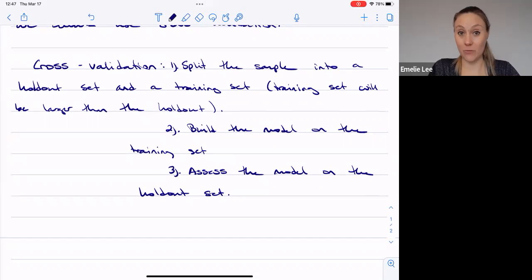Sometimes if you have a huge sample size, you can have the test set or the holdout set, and then a middle set. Sorry, let me start over.